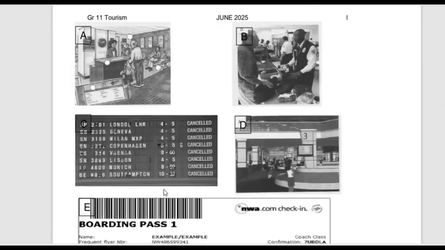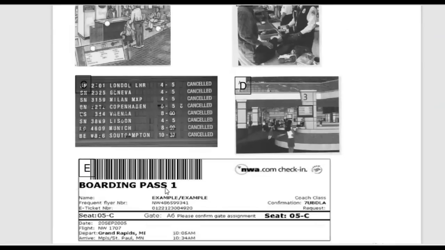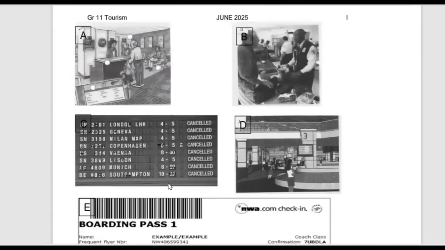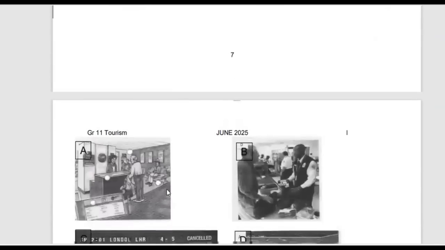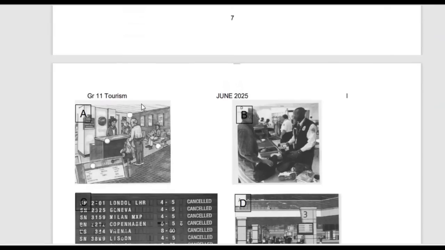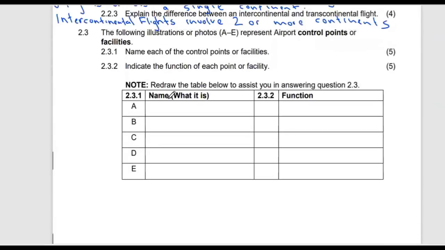Then there is also the second one and also the third one. All right. So the first thing, if you look at the first image, you see a gentleman who is being assisted at a counter. So that counter is most likely to be a check-in counter. So that can be a check-in counter.